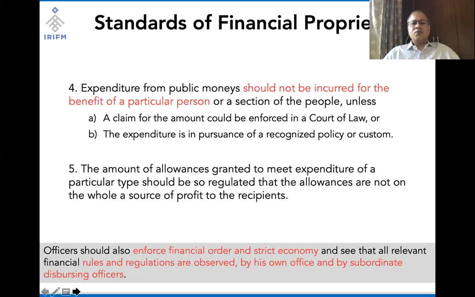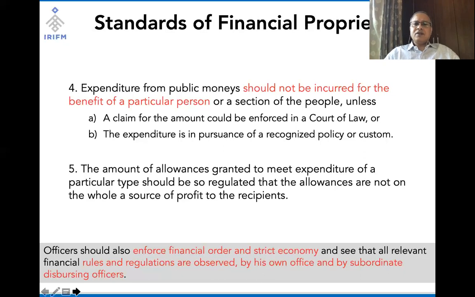If you add all the fuel costs and everything, chances are that a car travel allowance of 10 rupees per kilometer would not be unfair, and it would not be a source of profit. And that maths is important for a public authority to come to decisions.